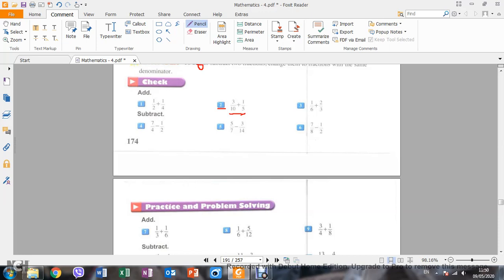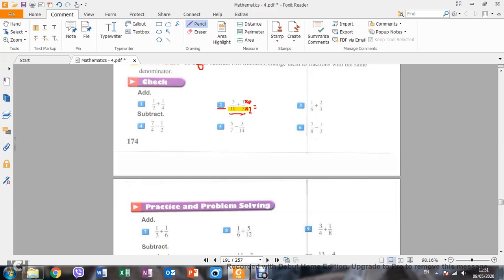Look at these two denominators first. 5 is half of 10, so you can multiply by a number to make it equal to the other. So we multiply 5 by 2, equal to 10 directly. When we multiply the denominator by 2, at the same time you should multiply the numerator by 2, only for that fraction. Now equal to what?